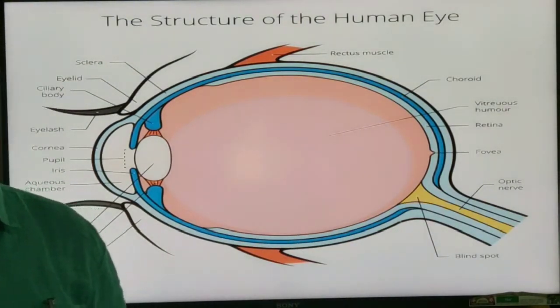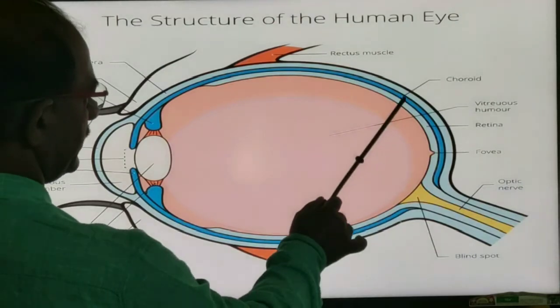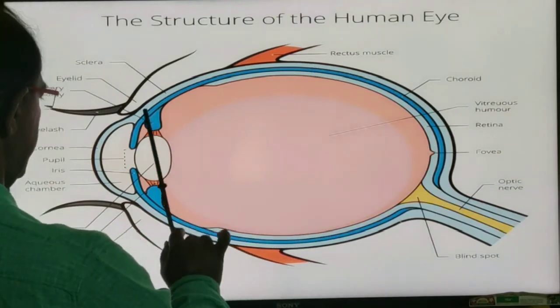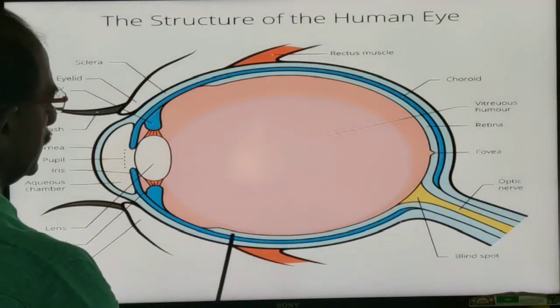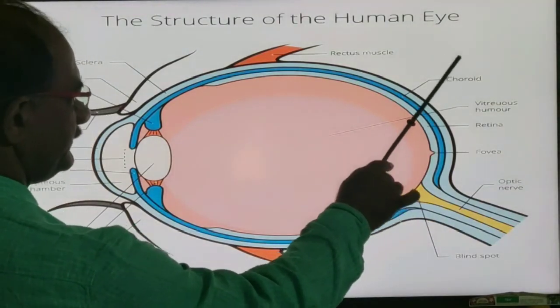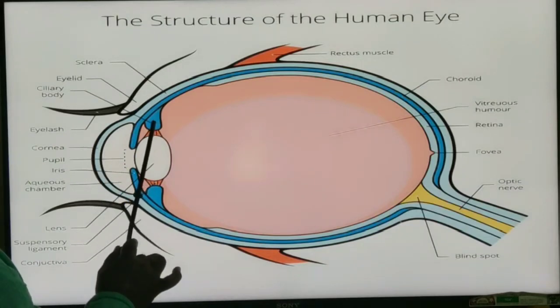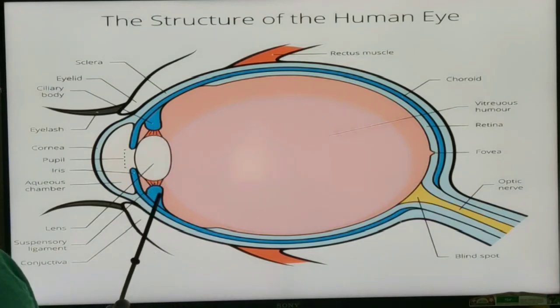Then the middle layer of the eye is called the vascular coat, and it is made up of different parts. Number one is the choroid. Second is the ciliary body.